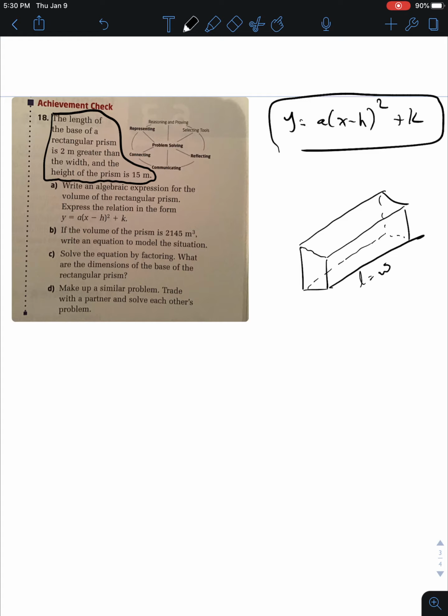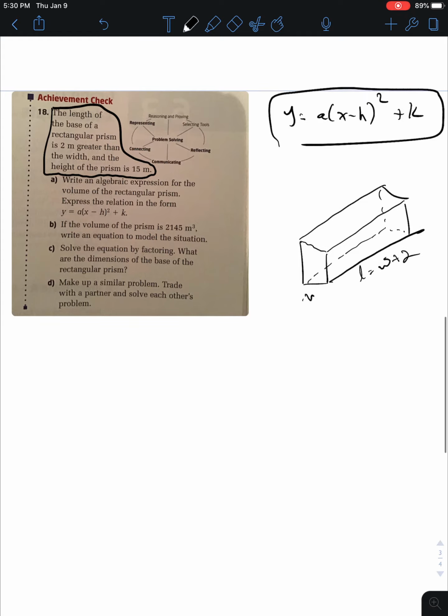Because it's saying that the base of the rectangular prism is 2 meters greater than the width. So it's width plus 2. And then obviously this one here is just the width, right? And then it told me that the height was 15.